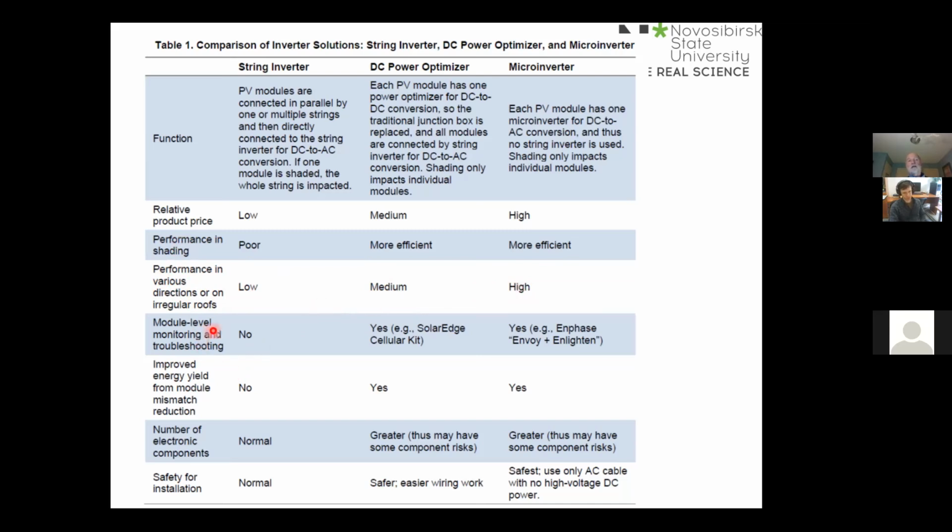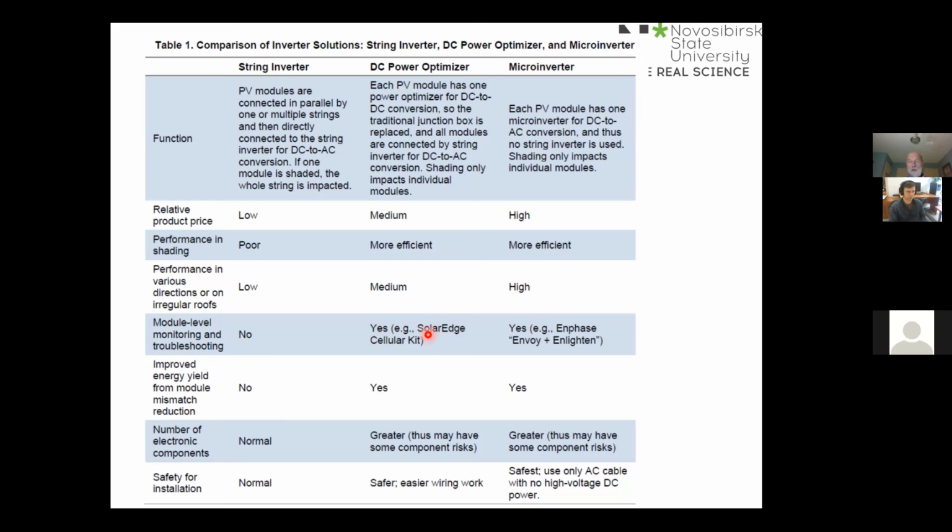The other thing that is very interesting is that if you have a string inverter, you don't necessarily get any detailed information about the individual modules. If you have a power optimizer or a microinverter, then those devices can allow broadcasting to the web of the performance of the module that it's connected to.